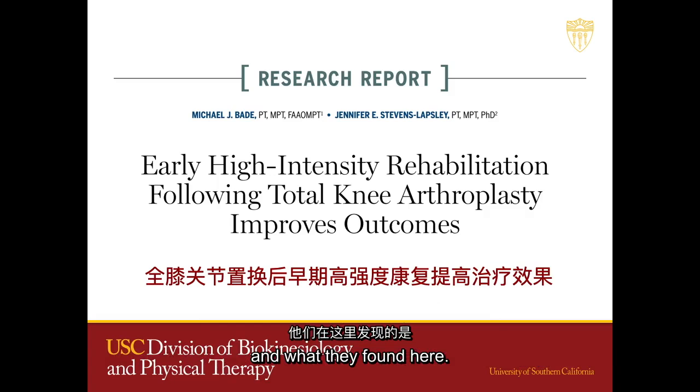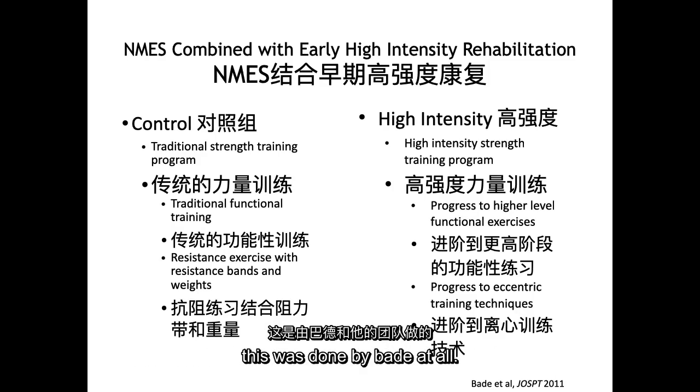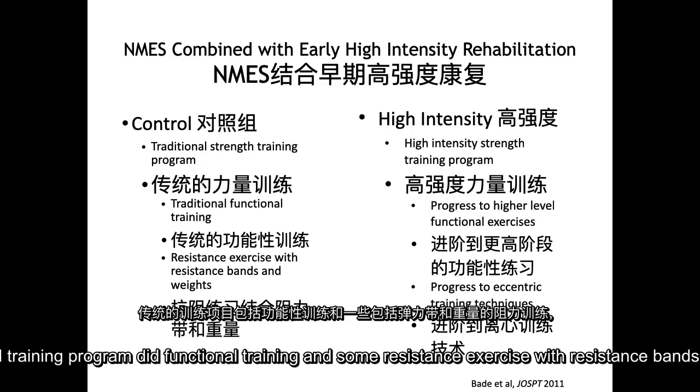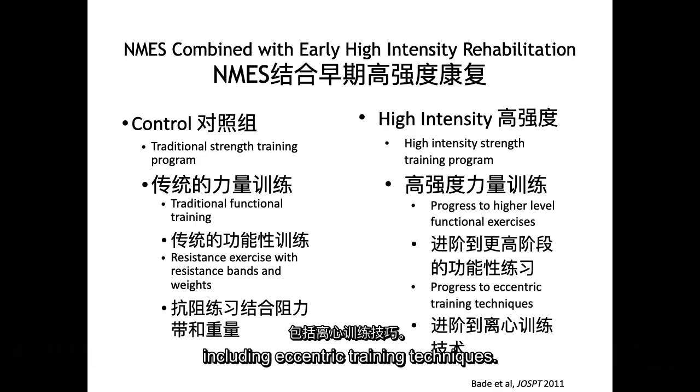And what they found here, this is sort of going through what the study looked like. Again, this was done by Bade et al. in 2011. The traditional training program did functional training and some resistance exercise with resistance band and weights. The high intensity actually progressed to higher level functional activities a little faster, including eccentric training techniques.